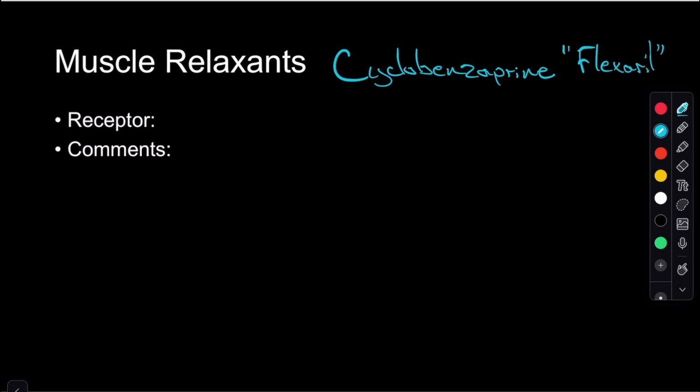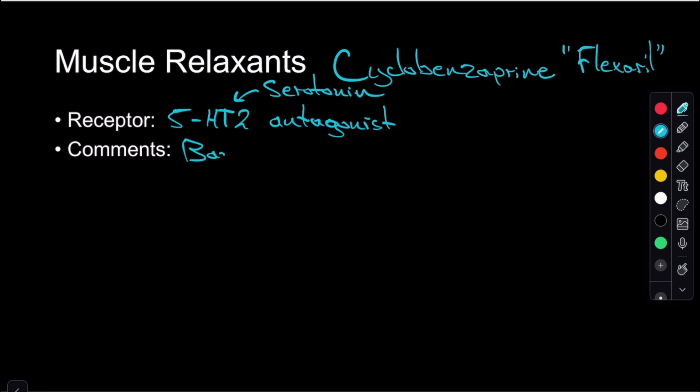Its mechanism of action is going to be a 5-HT2 antagonist. This is a serotonin receptor. And then most of the evidence for reducing pain comes from reducing like back pain or like muscle pain.